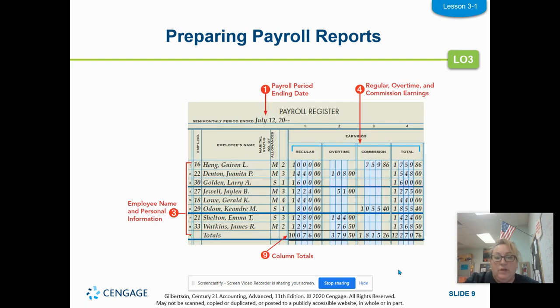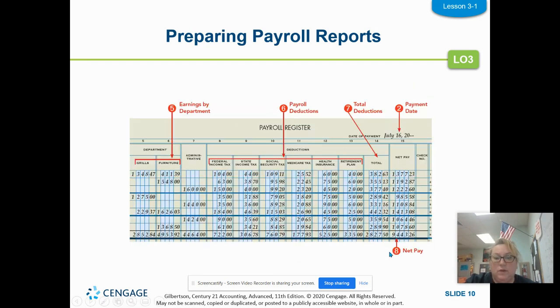The payroll register, remember, has a list of all of our employees, their marital status, and their number of dependents, because we need those in order to calculate their taxes. It gives us our regular, overtime, and commission pay. It has all of that set out. Remember, we use these totals to record the transactions in the journal, so we have to make sure we do the totals.